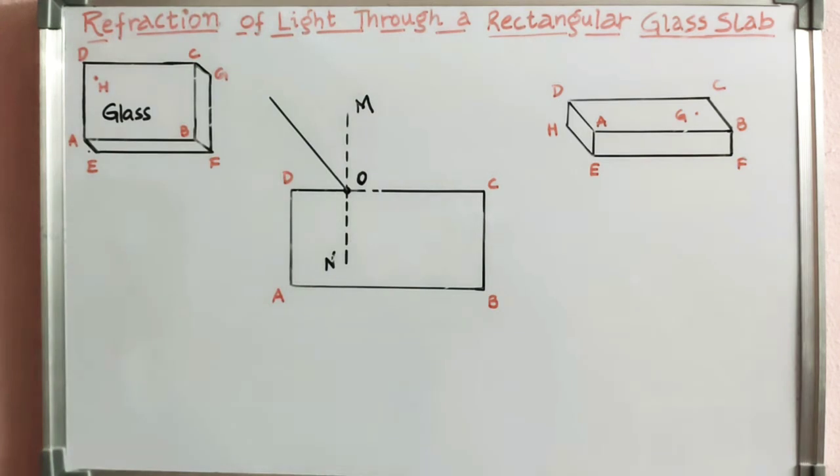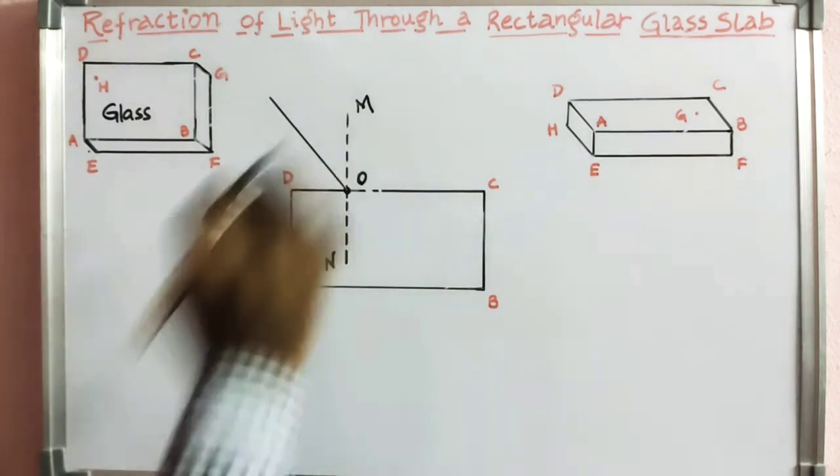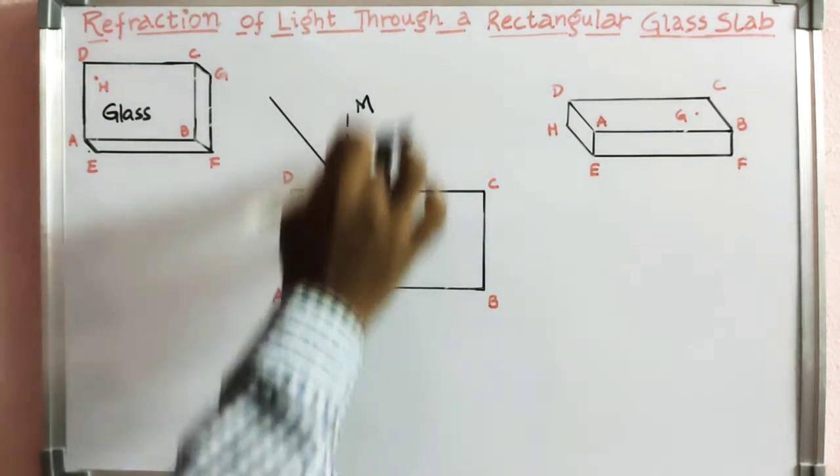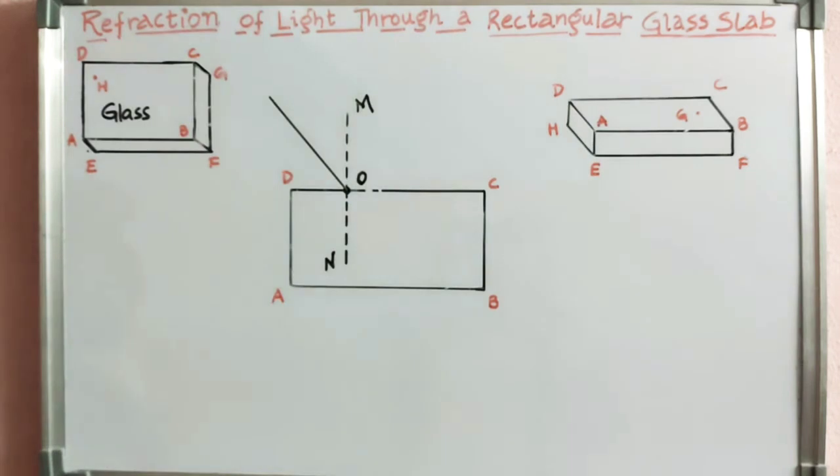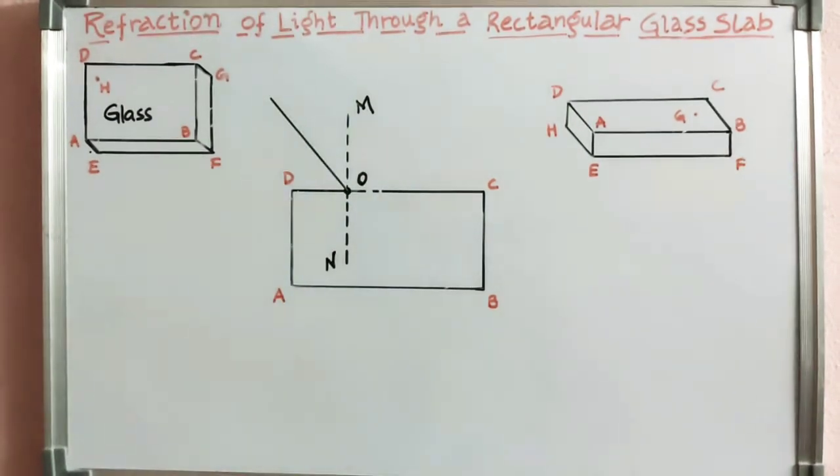If you know the laws of refraction, you also know that the angles are measured with respect to the normal. So these 30, 45, 60 which I have suggested, take them with respect to the normal MN. Clear? So you have drawn the line.